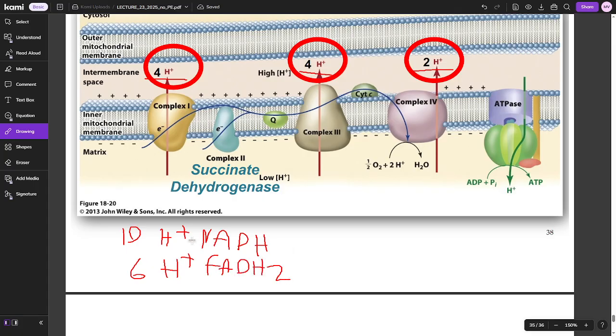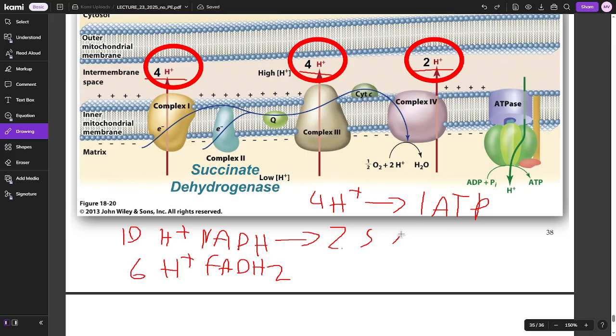And if you do the math for this, I think I actually made a mistake in a previous lecture, but it takes 4 H pluses to produce 1 ATP. So if you just take the NADH, that causes 10 protons to go across, this leads to 2.5 ATP.